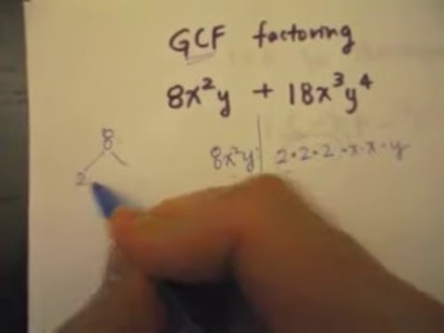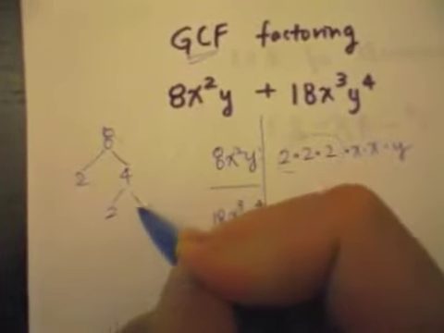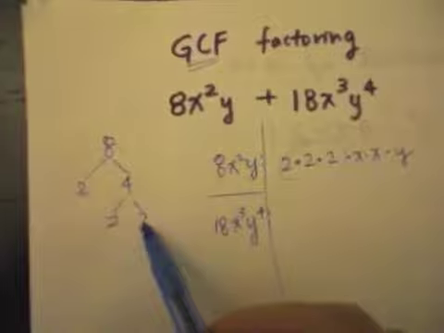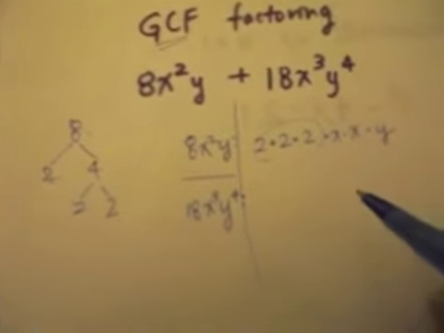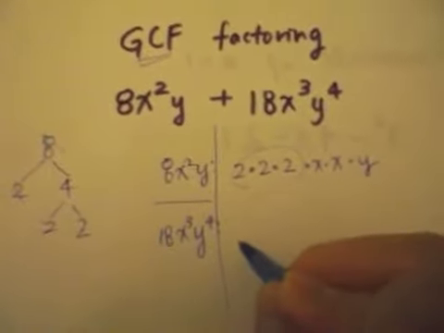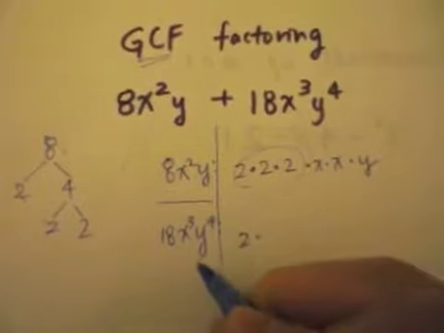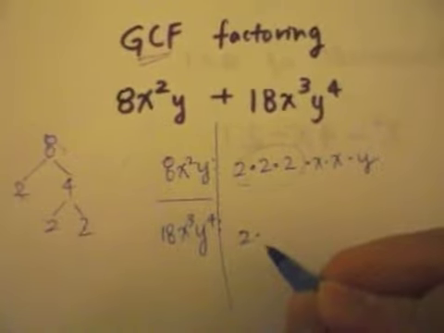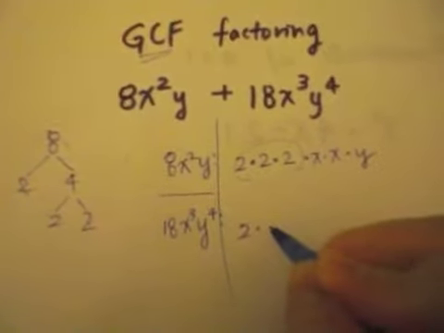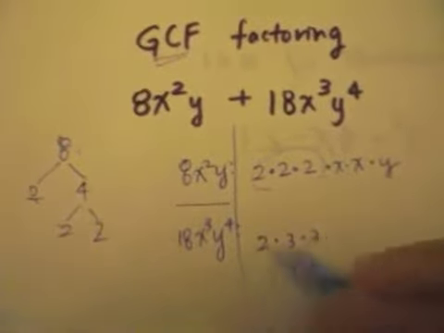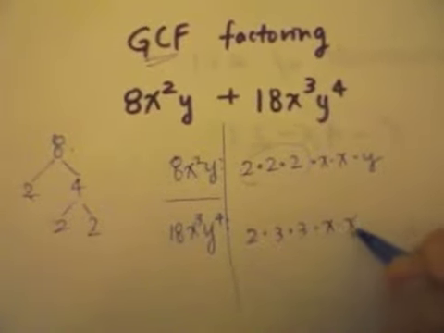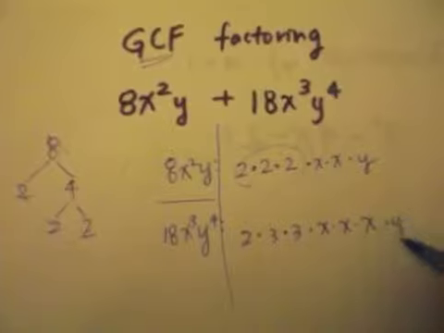So 8 is 2 times 4 and 4 is 2 times 2, so it's 2 times 2 times 2. 18 I know will break down into 2 times 9, and the 9 will break down into 3 times 3. I have 3 x's and I have 4 y's.